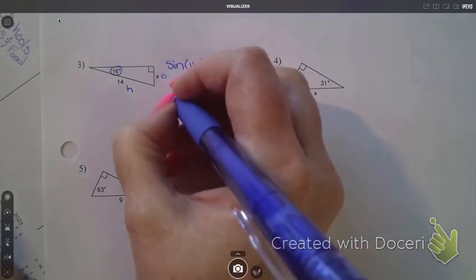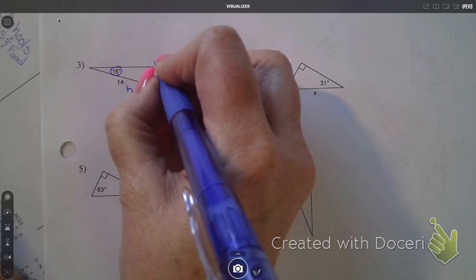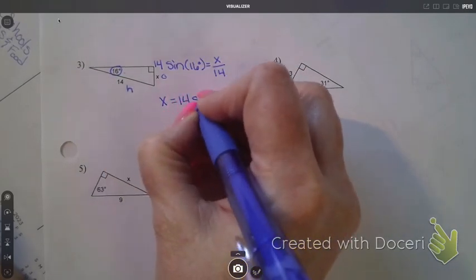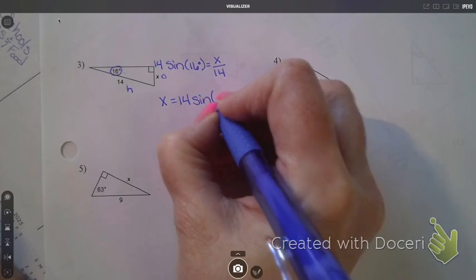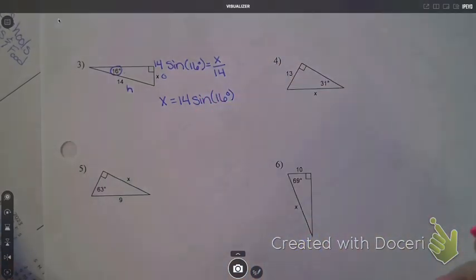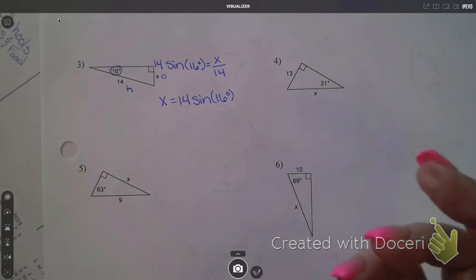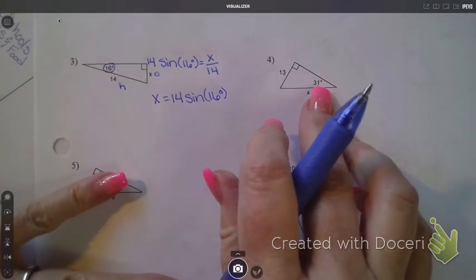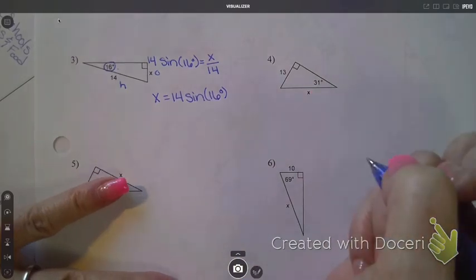You're going to multiply over by 14. So X equals 14 sine of 16 degrees. Doesn't matter that it looks funny. We've dealt with funny looking things already, right? Just do it. Okay, you guys want to try this one? Yeah. Okay, try 4.